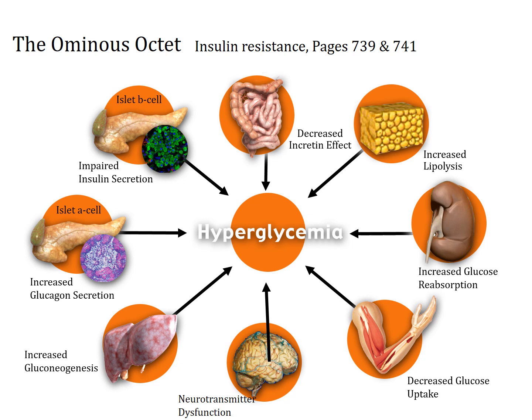In type 2 diabetes, they tend to have over-functioning alpha cells that are making too much glucagon. So you go around the ominous octet and you can see, geez, there's a lot of different reasons why an individual with type 2 diabetes is developing hyperglycemia. And if we can get at these different individual mechanisms, we can improve hyperglycemia.